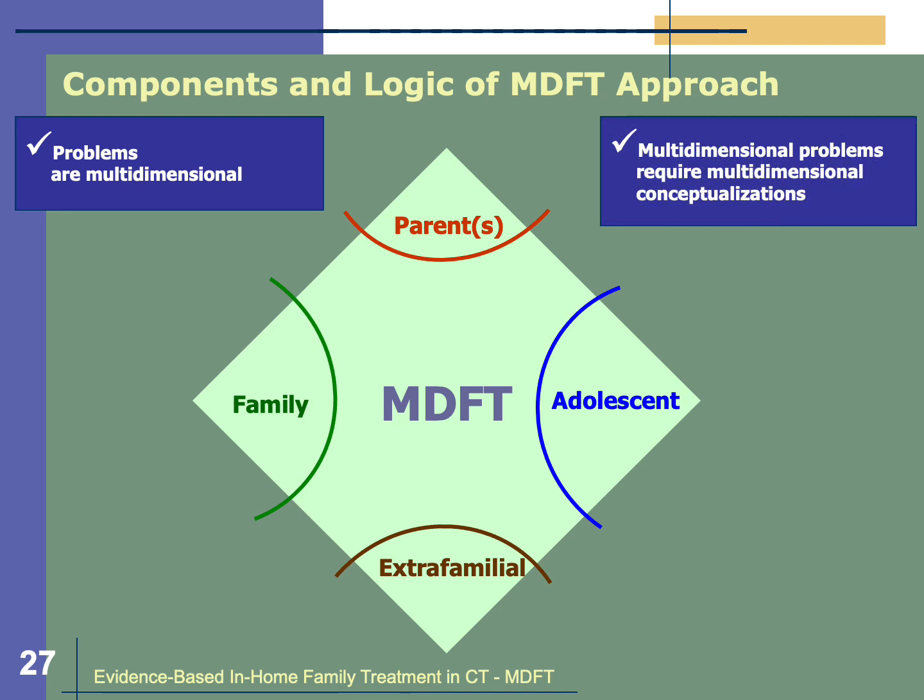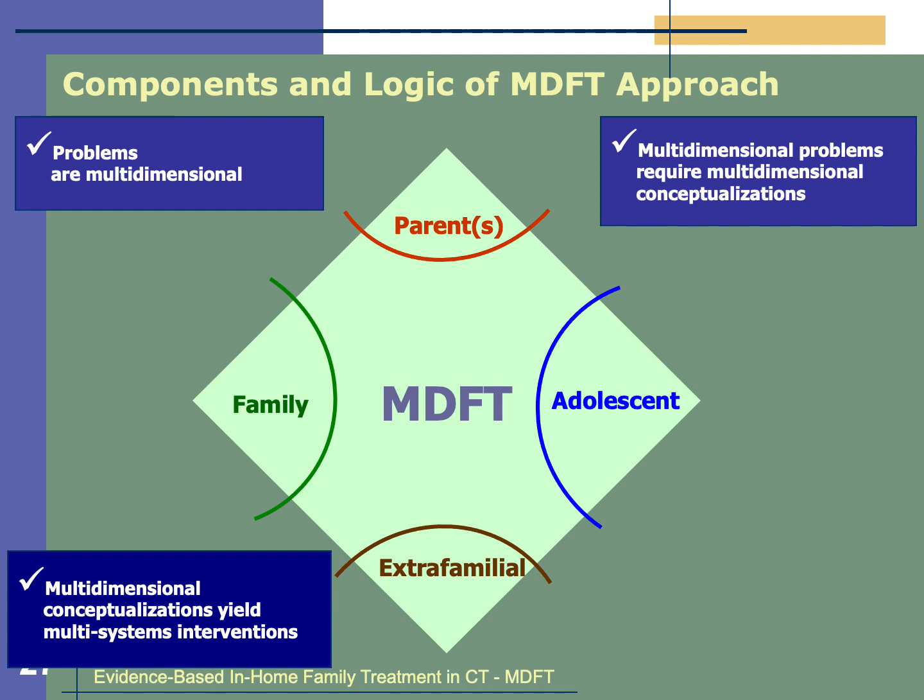And multiple dimensional problems require conceptualization of how all these facets or components interact to create and sustain the problem. So they're sustaining the risk factors and they're sustaining the protective factors.